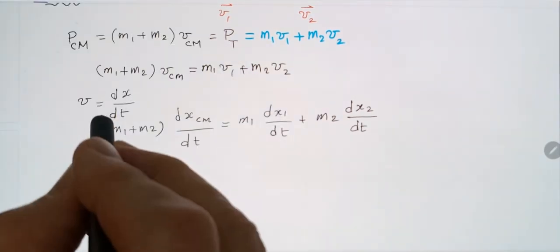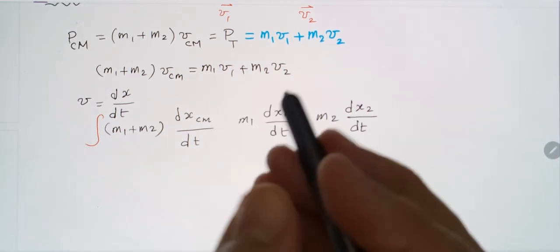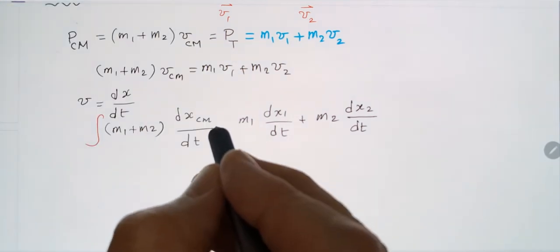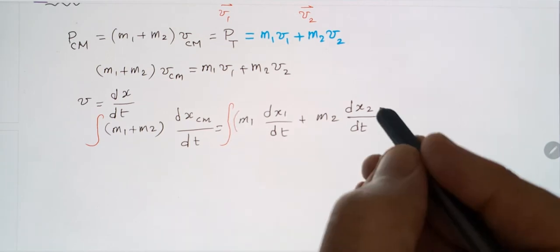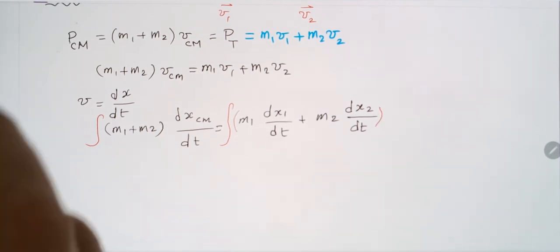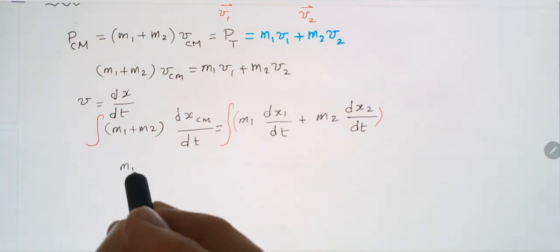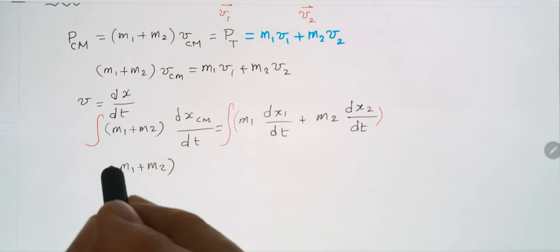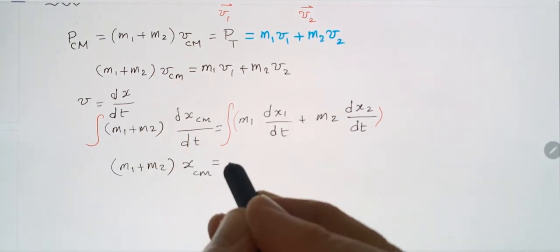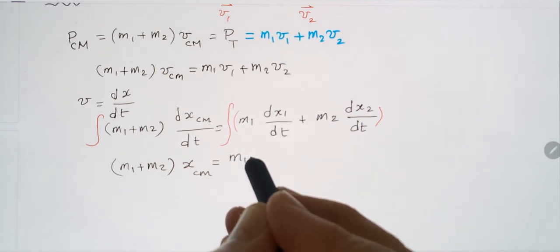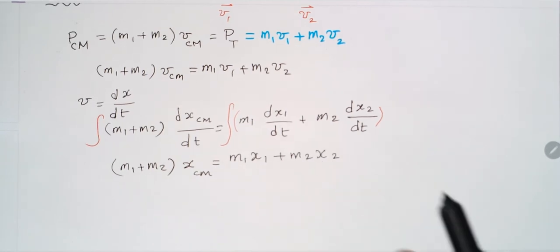So we integrate this, and we integrate all of this. As a result, we have M1 plus M2 times x center of mass must equal M1 x1 plus M2 x2.